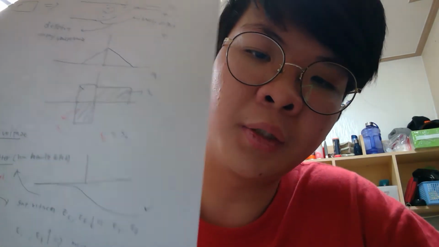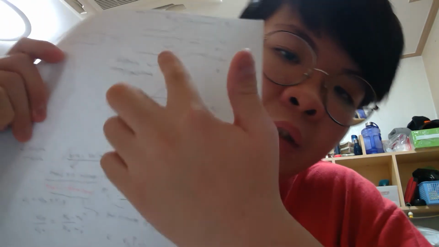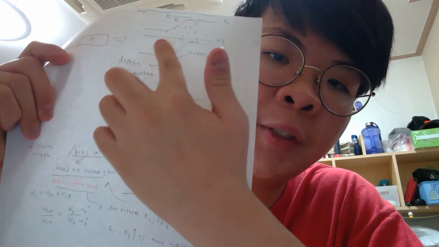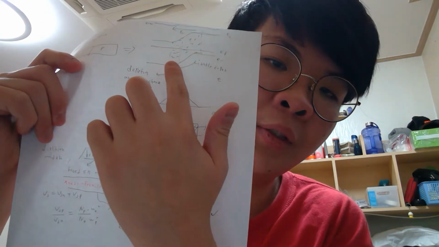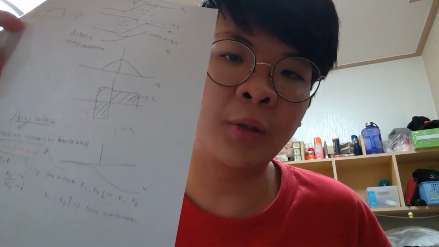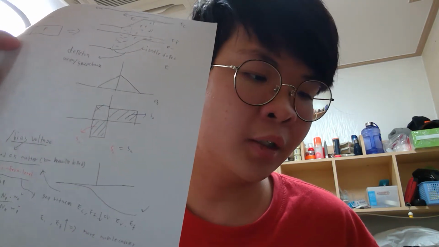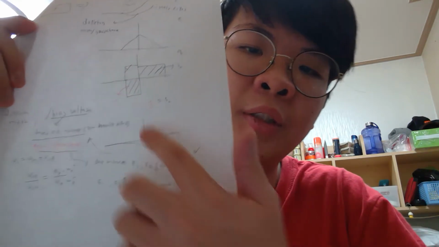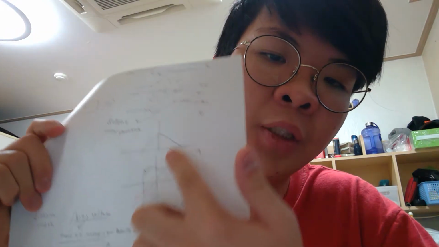If we draw this graph, on the P side there is a negative space charge. We call it space charge because these charges can't be moved, which means they cannot work as mobile carriers. So there is a negative charge and a positive charge.